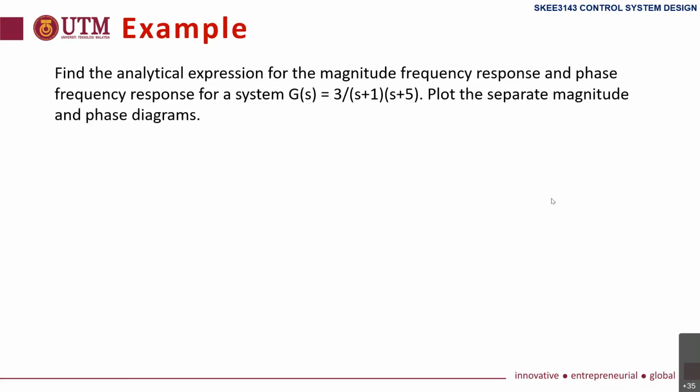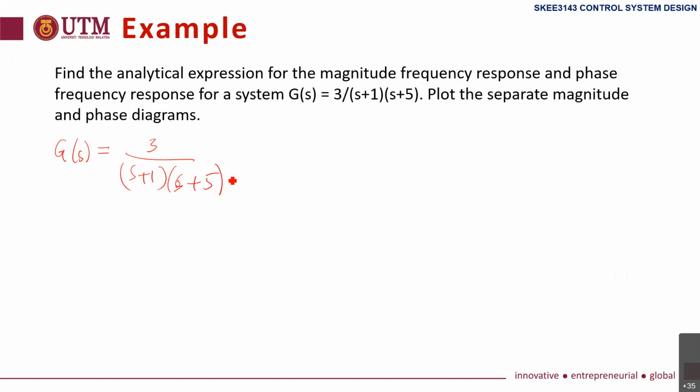Let's continue with this example. Find the analytical expression for the magnitude and phase frequency response for the system here, G(s) = 3/((s+1)(s+5)).